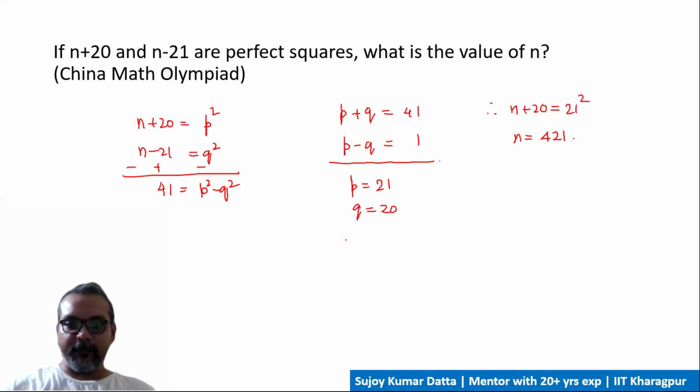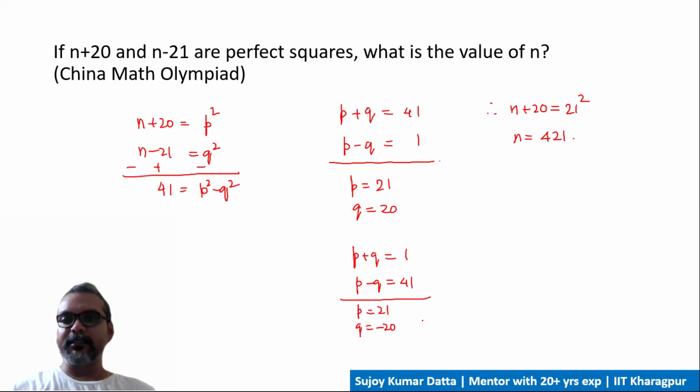If I try doing it the other way, that p plus q is 1 and p minus q is 41, then p will be 21 and q will be minus 20. The solution will remain the same because negative 20 squared is the same as 400. Whether it's positive 20 or negative 20, it doesn't really matter.